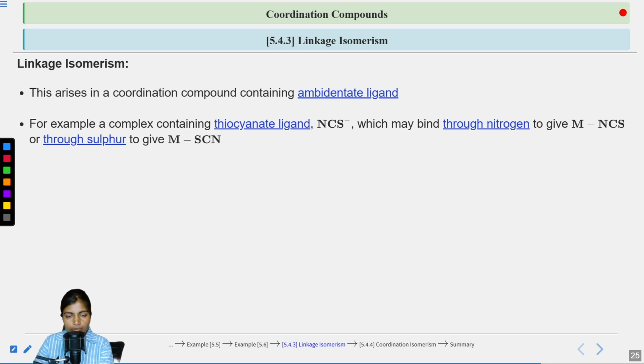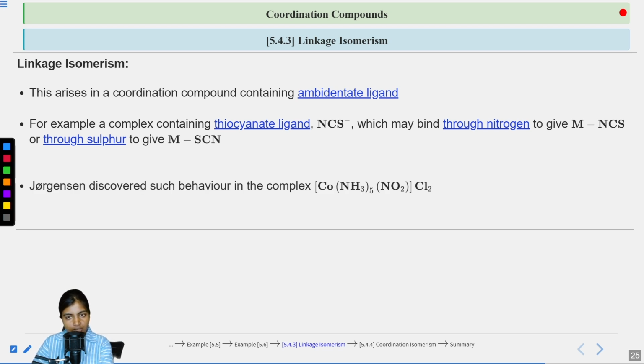For example, a complex containing a thiocyanate ligand, NCS negative, may bind through nitrogen to give an M-NCS type of complex, and it can also bind through sulfur to give an M-SCN type of complex. Here M-SCN means the metal is bonding with sulfur. Here M-NCS means the metal is bonding with the nitrogen atom of this thiocyanate ligand. So this is an ambidentate ligand.